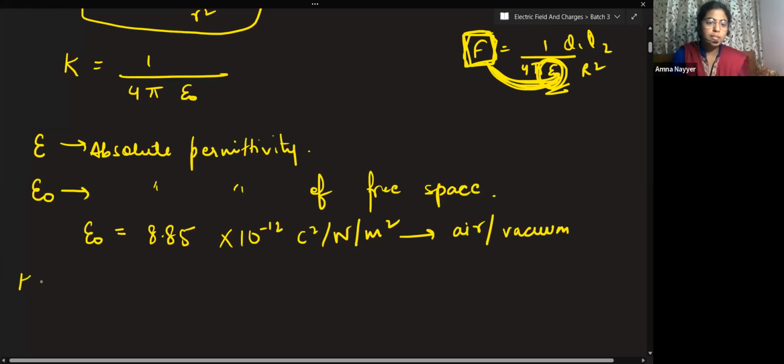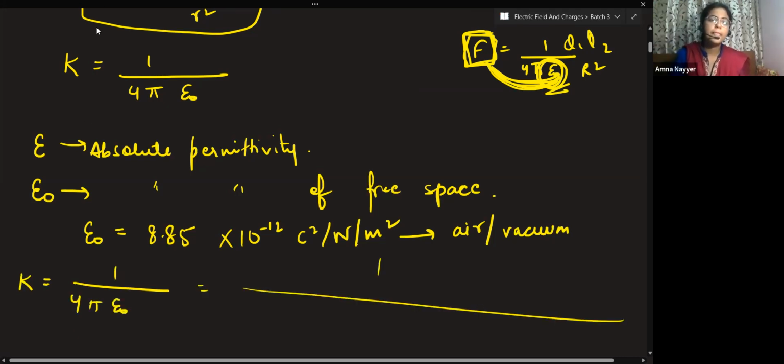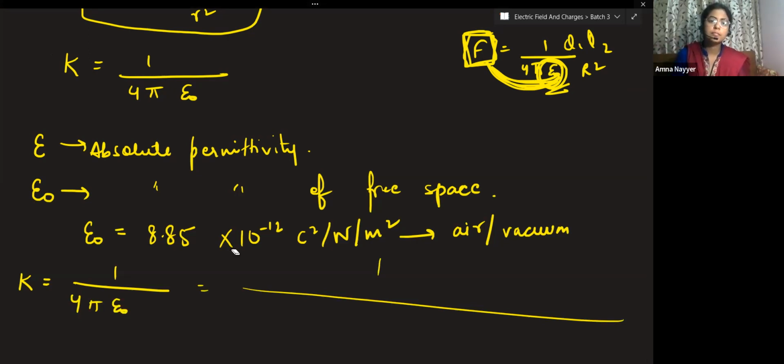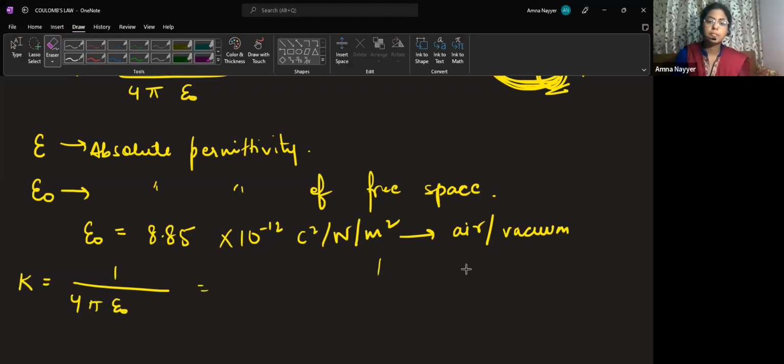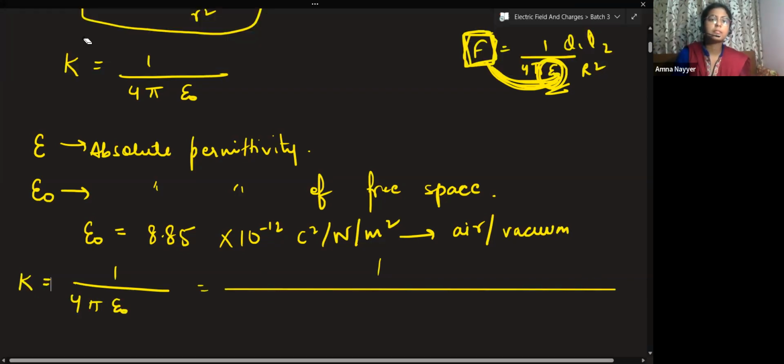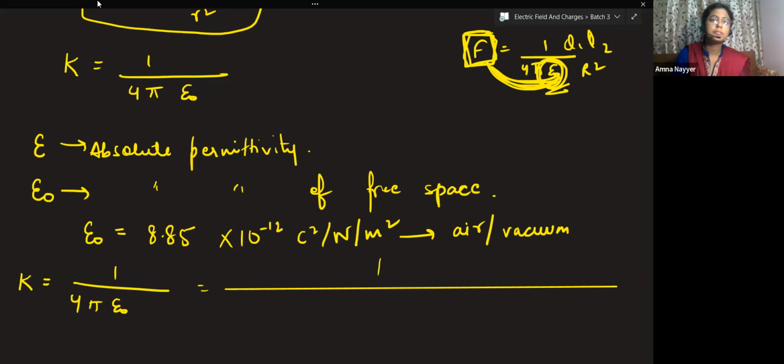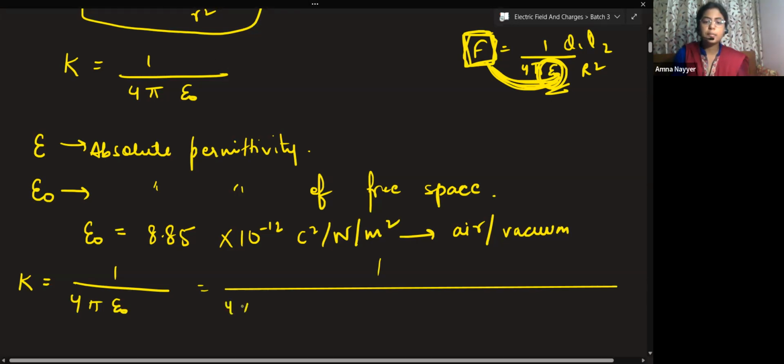So the value of K is 1 over 4 pi epsilon naught. 4 is there, pi is 3.14, epsilon naught is 8.85 into 10 to the power minus 12.